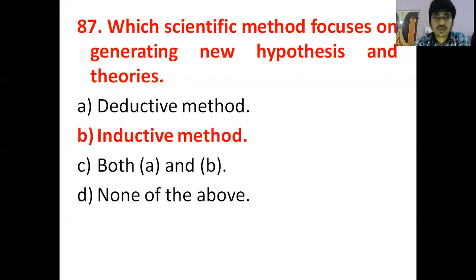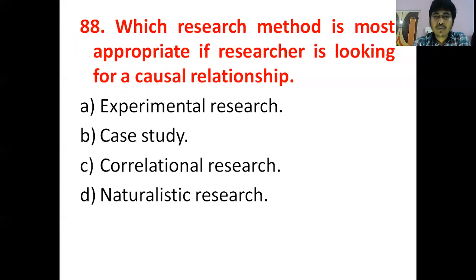The next question is: which research method is most appropriate if the researcher is looking for a causal relationship? The options are experimental research, case study, correlational research, naturalistic research. Our correct answer will be experimental research, because experimental research tests the cause and effect relationship of the two variables. So option A is the correct answer.